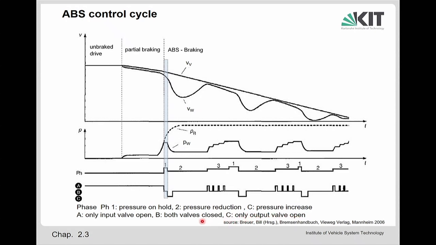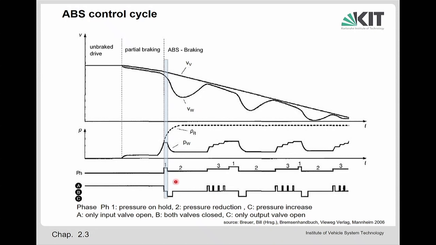So that means now input valve is closed, and the further increase of the brake pressure in the main brake cylinder, which is created by the driver, is not transferred to the wheel. And now at the wheel, the pressure is even released and reduced by opening of the outlet valve.